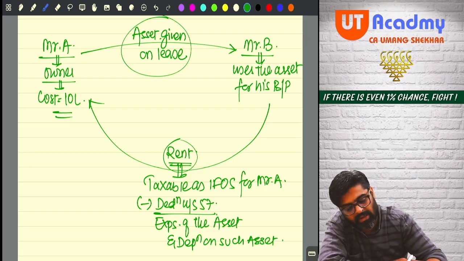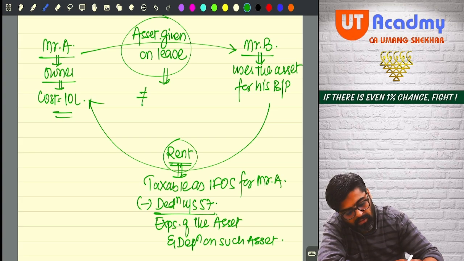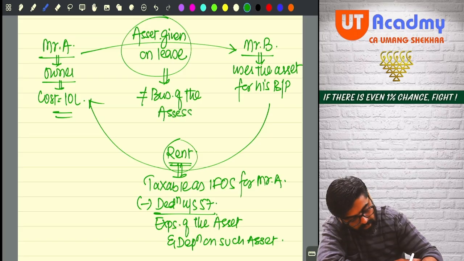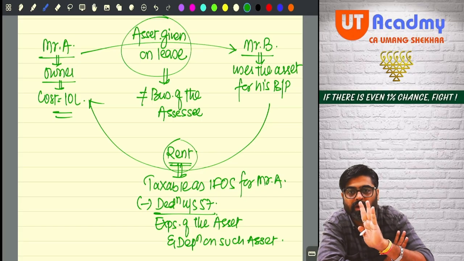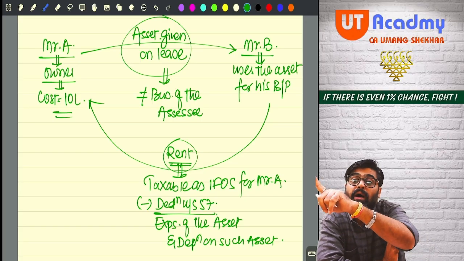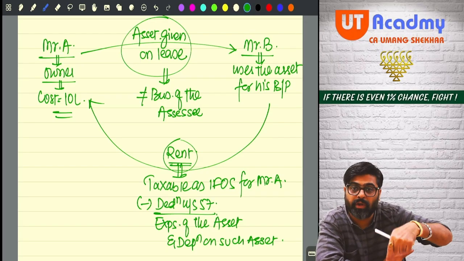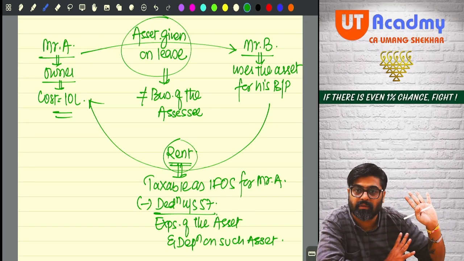So if giving the asset on lease is not the business of the assessee, then whatever income from that asset will come will go to IFOS. And from that income only, the assessee, meaning the owner, is going to claim the depreciation.